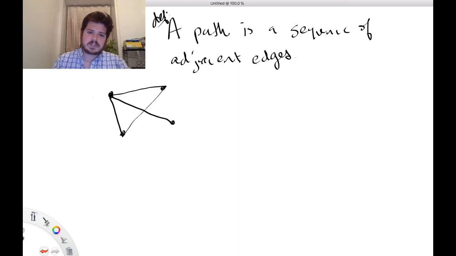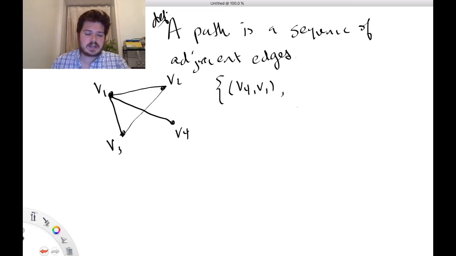V1, V2, V3, V4. This would be a path. V4, V1, and then what's an edge adjacent to V4, V1? V1, V2 is adjacent. What's an edge adjacent to V1, V2? V2, V3.